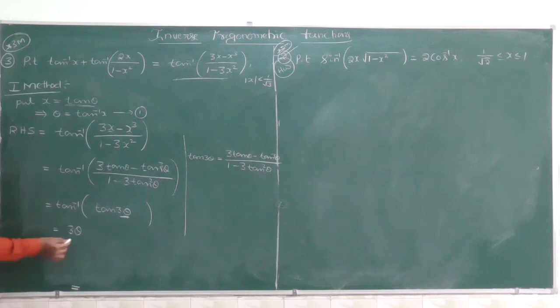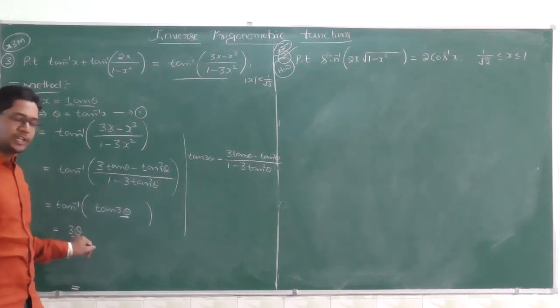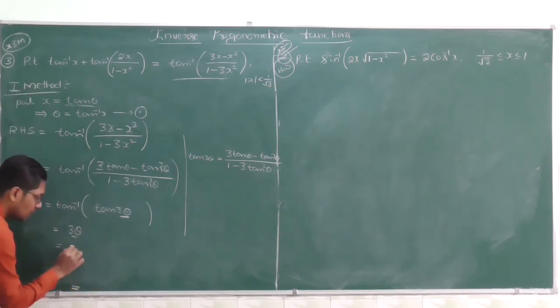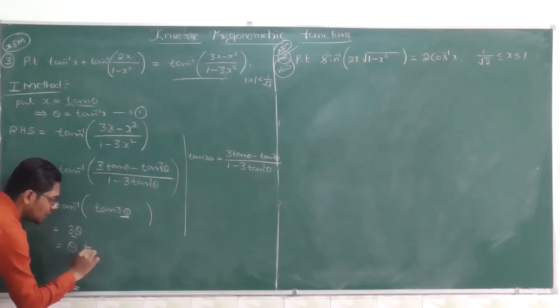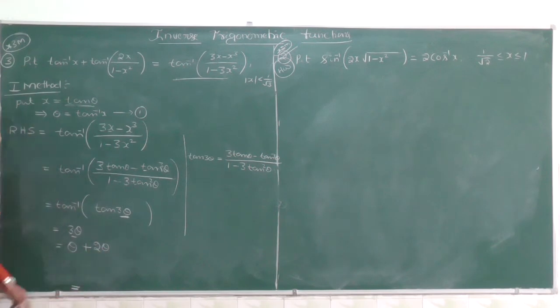Now, I will split this 3 theta as theta plus 2 theta. Theta plus 2 theta is how much? 3 theta, right? So that is equal to theta plus 2 theta.